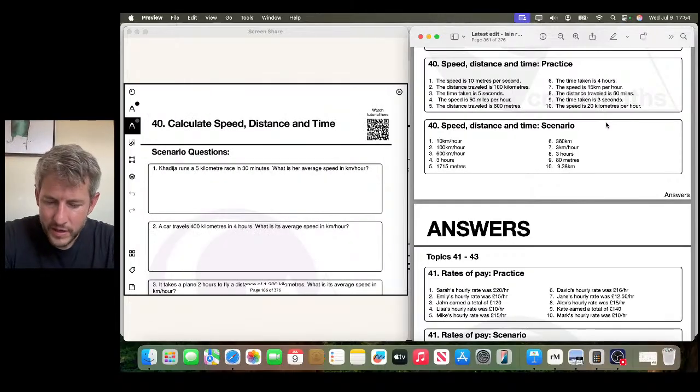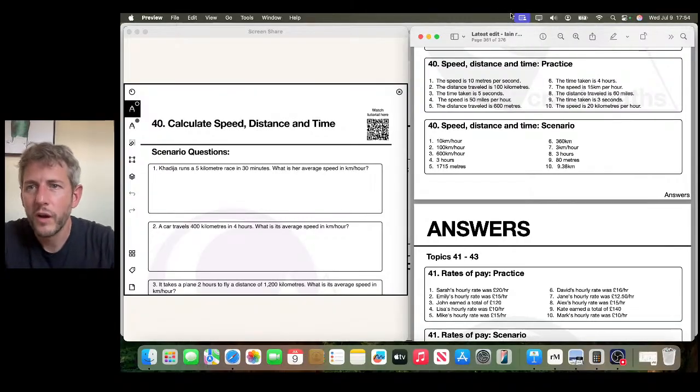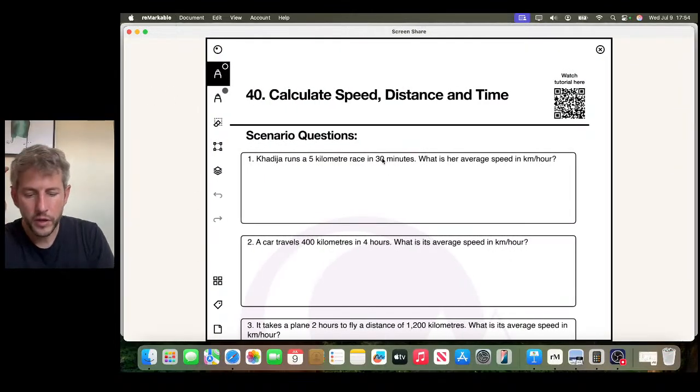Okay, so last round, 40 scenario part 1, and then we'll have 40 scenario part 2, and then we'll be done. Right, Khadija runs a 5-kilometer race in 30 minutes. What is her average speed?